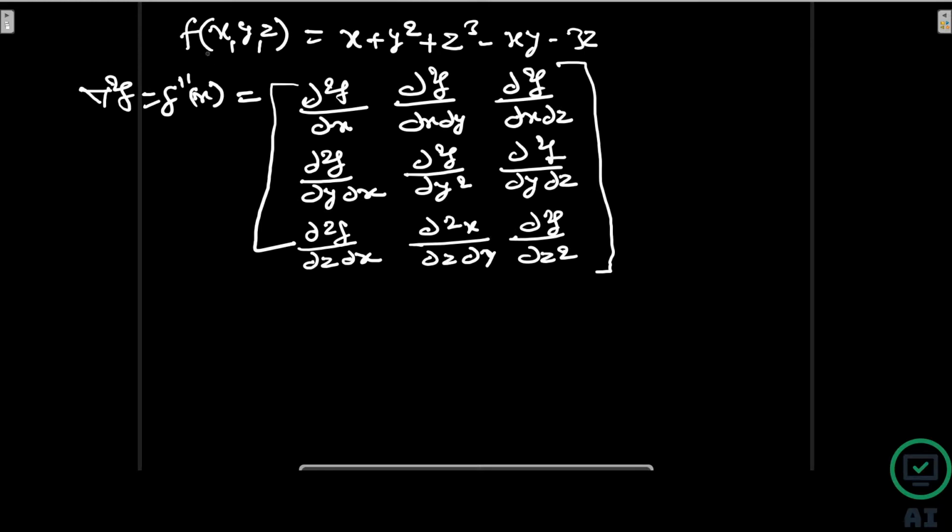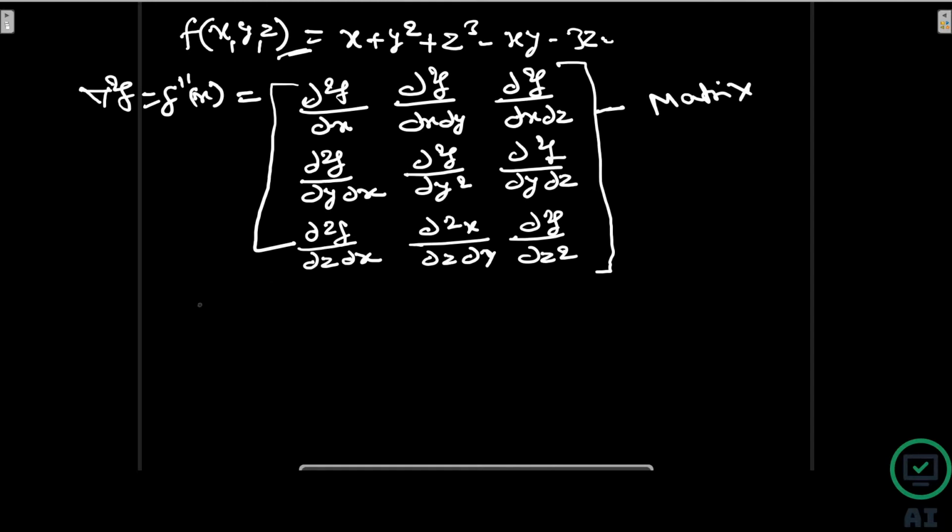So the second derivative of this particular function is nothing but a matrix. So we have seen that the first derivative of this particular function is nothing but a vector, and the second derivative is nothing but a matrix. But in a single variable function we get a scalar value for the first derivative and the second derivative.